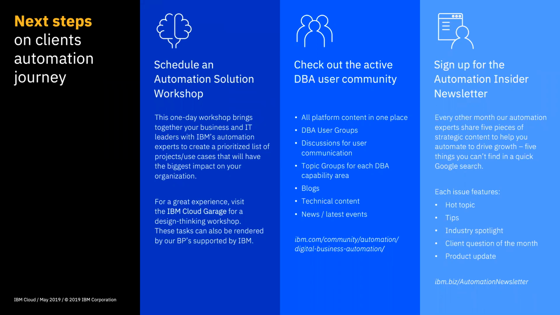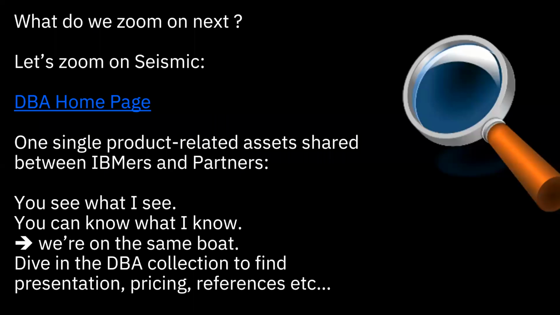One of these is that whatever information I have access to about the platform, and that is true for the Cloud Pak for Automation as well as any other of the Cloud Paks, we have put every piece of information about our products and our go-to-market into one single digital asset management platform on the cloud, which is called Seismic.